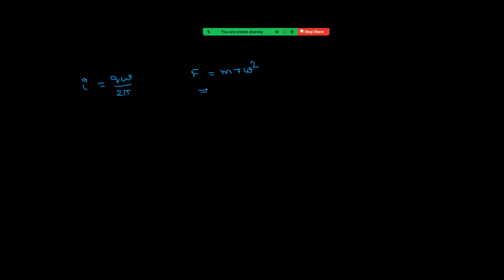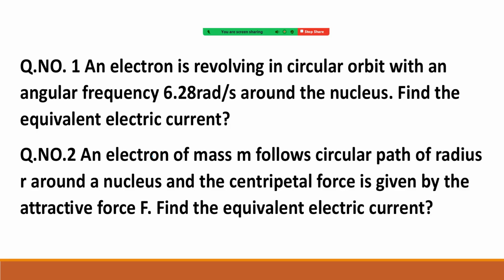From this, we get the value of omega. Omega equal to root of F upon mr, right? Directly. Now take this value in this one. Then we get the answer, right? Direct one. Okay. See next one.